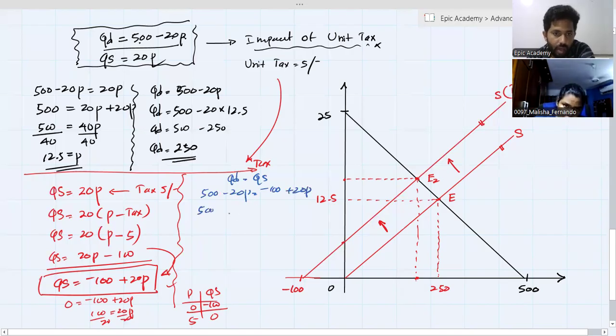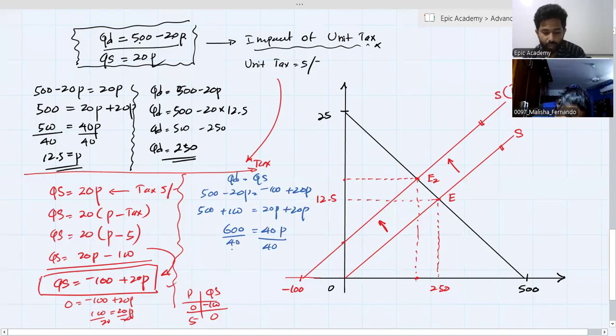So then 500 plus 100, and 20p plus 20p. That means 40p equal to 600. Both sides divided by 40. That means 600 divided by 40. It is 15.